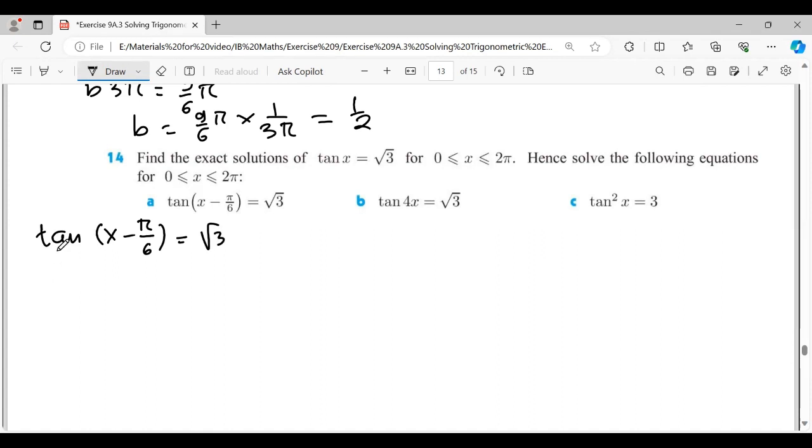Tangent how much? We have to find tangent how much equals square root 3. Okay. So, we have to do this one first.